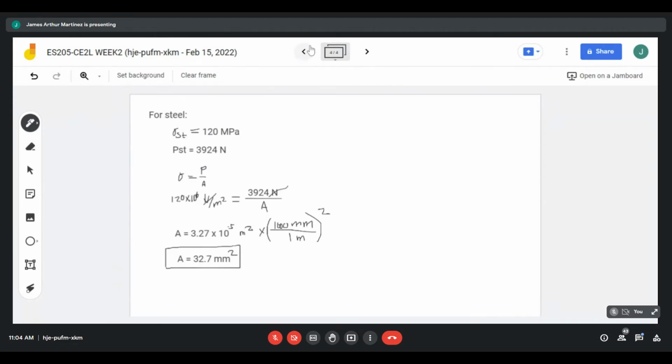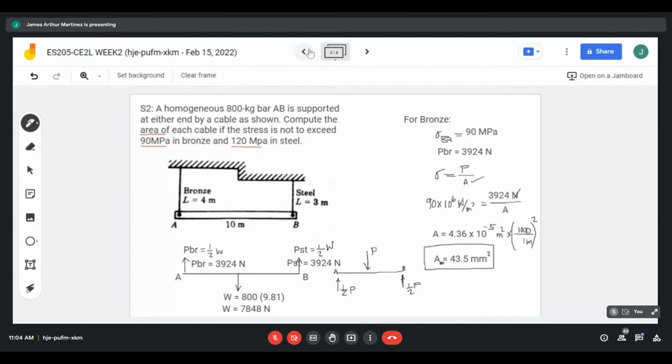So that's it. We have computed the areas at each cable to be able to carry the 800 kilogram bar AB without exceeding its stress capacity.